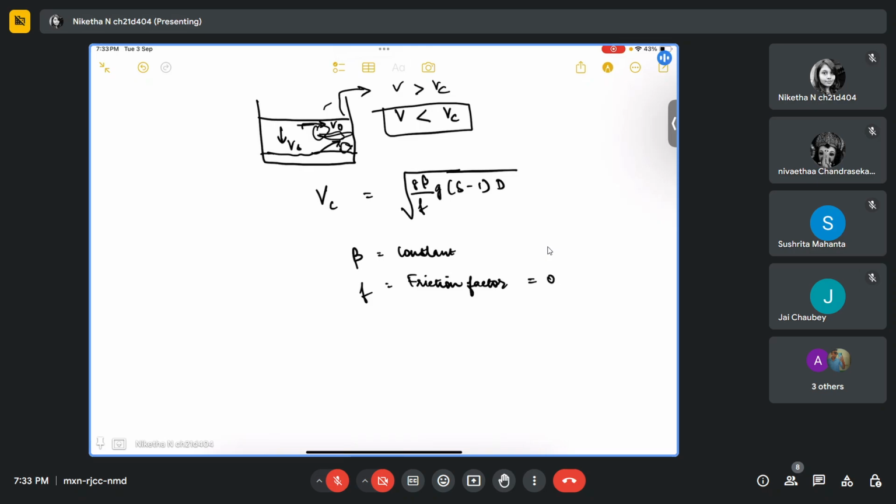Usually it is taken as 0.03, and S is the specific gravity, which is about 2.65, and d is the particle diameter.